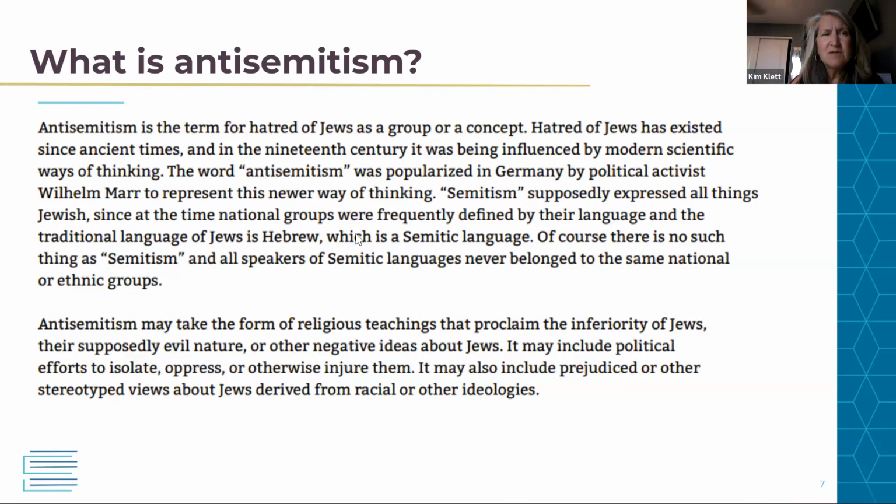It also, I don't know if you've noticed, but they used to hyphenate. It used to be anti-hyphen Semitism. And I think it explains well why that isn't the case anymore here, right? That there is no such thing as Semitism. So how can you be against something that doesn't really exist, right? So it's just one word now. So I like that as well.